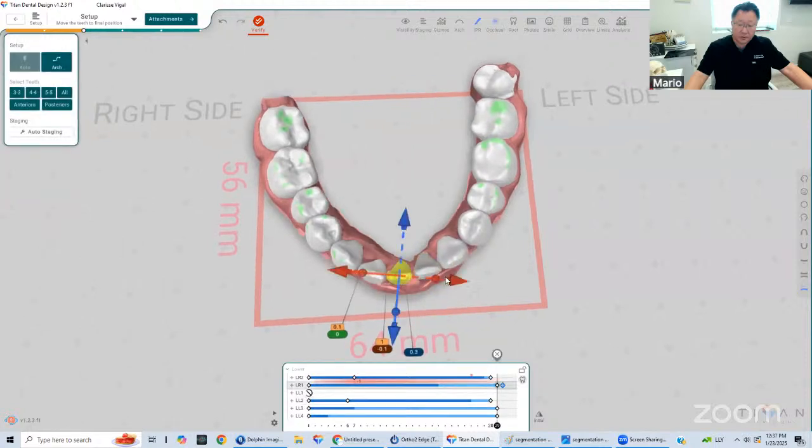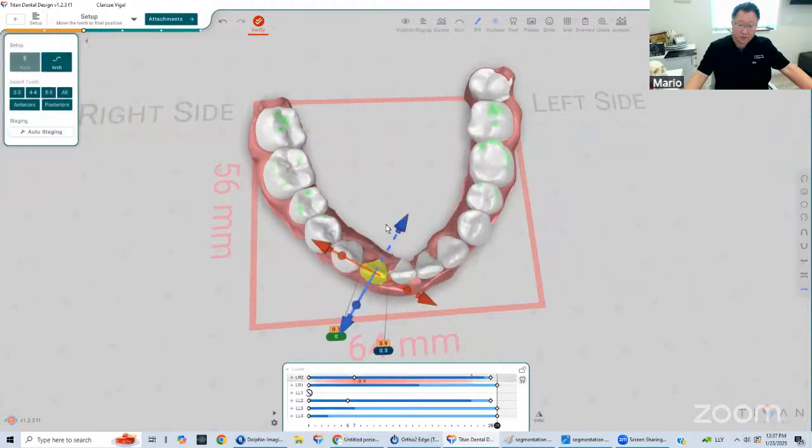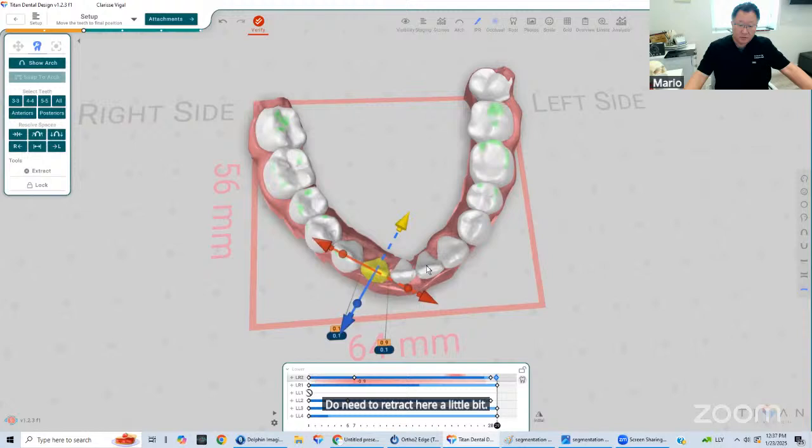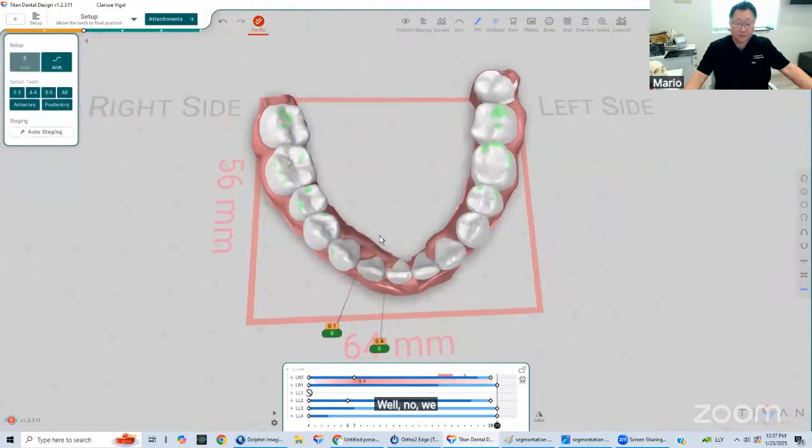We need to retract here a little bit. Well, now we don't have any spaces, right?